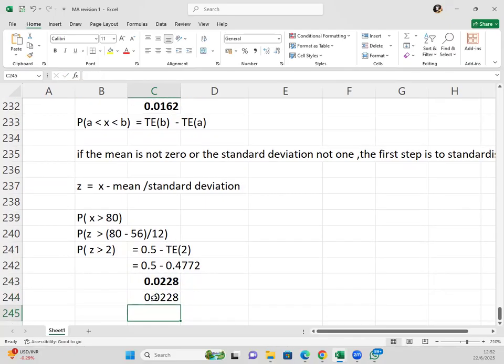But with my Excel, I can quickly do that. Just come here, you click the percentage. You can multiply by 100 to change to percent. So that would be 2.28%.